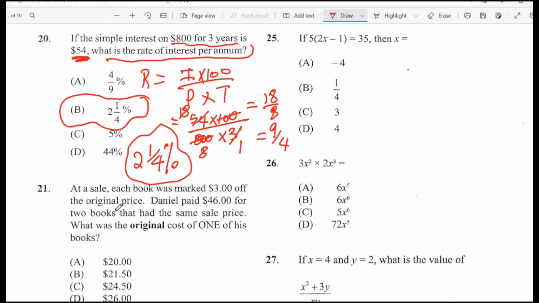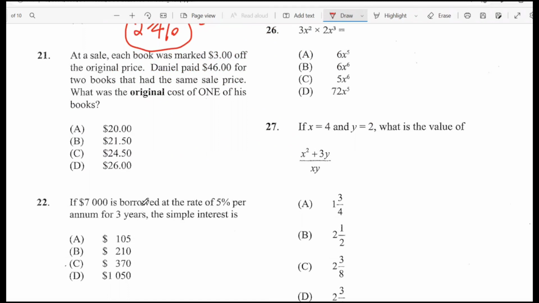All right, let's quickly look at question 21. 21 says, at a sale, each book was marked $3 off. So remember, $3 off the original. So $3 less. Daniel paid $46 for 2 books. What was the original price? Well, we could utilize the idea that was given. 1 book, $3 come off it.